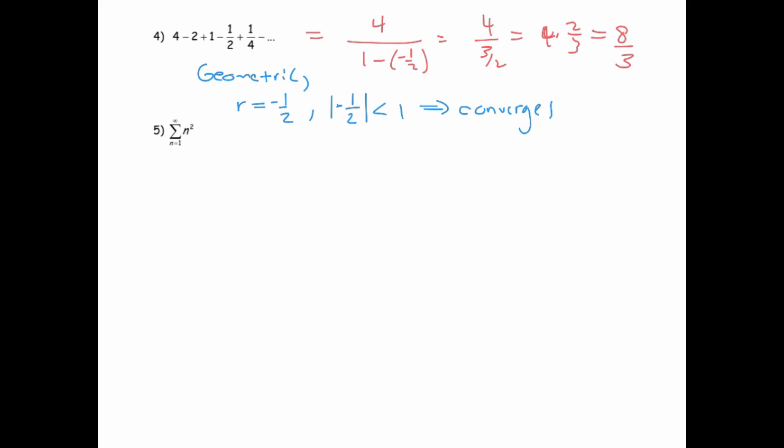All right, and lastly, we've got n squared, and this can be answered pretty quickly because that's just 1 squared plus 2 squared plus 3 squared, and the limit of partial sums is clearly going to go to infinity, so there's not much to talk about there.